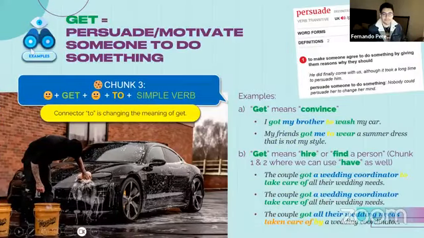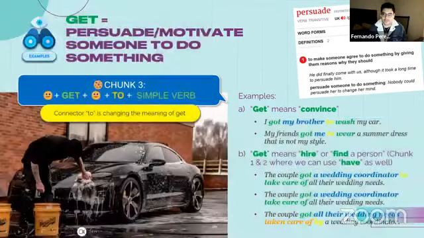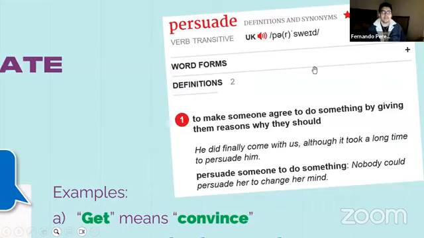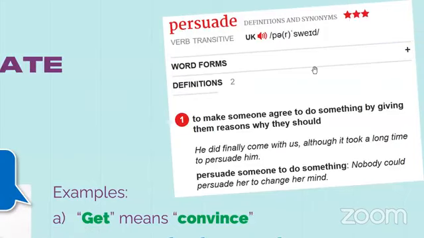Let's go to the next example. Another application for the verb get is when get means persuade, convince. Let's read the definition of persuade. Okay, help me, Brian. What is persuade? Persuade: to make someone agree to do something by giving them reasons why they should.